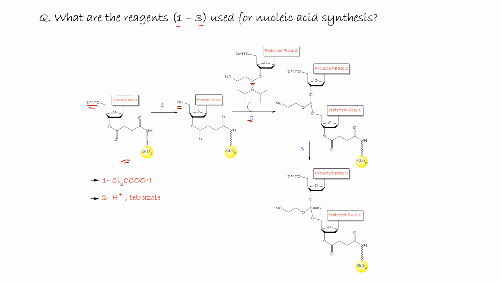Now we have to convert the phosphate triester, phosphorus 3 to phosphorus 5, oxidize it. We can oxidize this phosphorus using an iodine, water, pyridine mixture. See you next session.